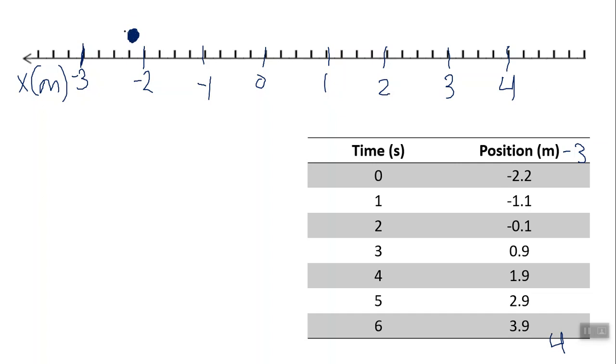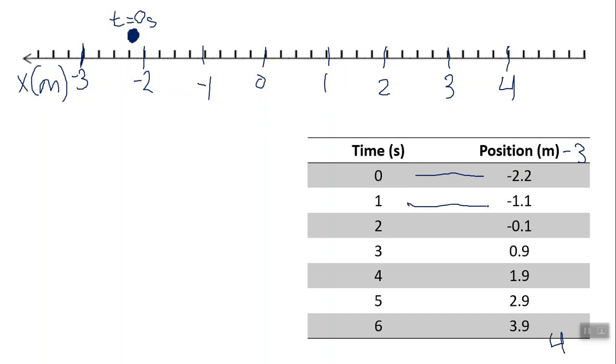You can just represent here the object was located at negative 2.2. So that's the position, but we also need the time. To represent the time, we are just going to label this dot t equals 0 seconds. So this piece of data, 0 seconds, negative 2.2 meters, is represented right here. The time is in the label, and the position is where it is plotted on the number line.